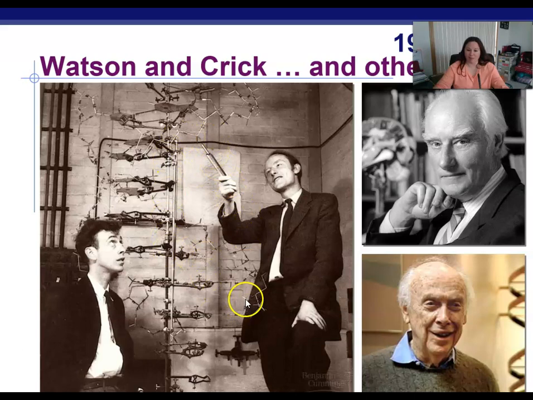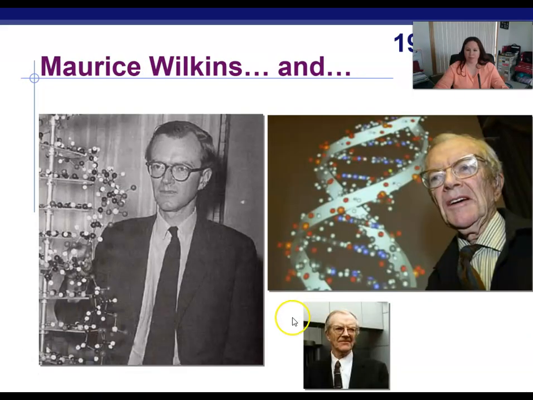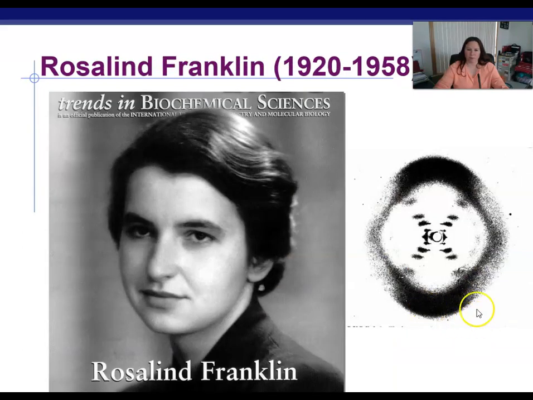It looks like it's made out of a bunch of wires and such. And they used some research with the help of Wilkins and Rosalind Franklin. And this is one of her X-ray crystallography pictures that helps mathematically tell us that DNA is a double helix.